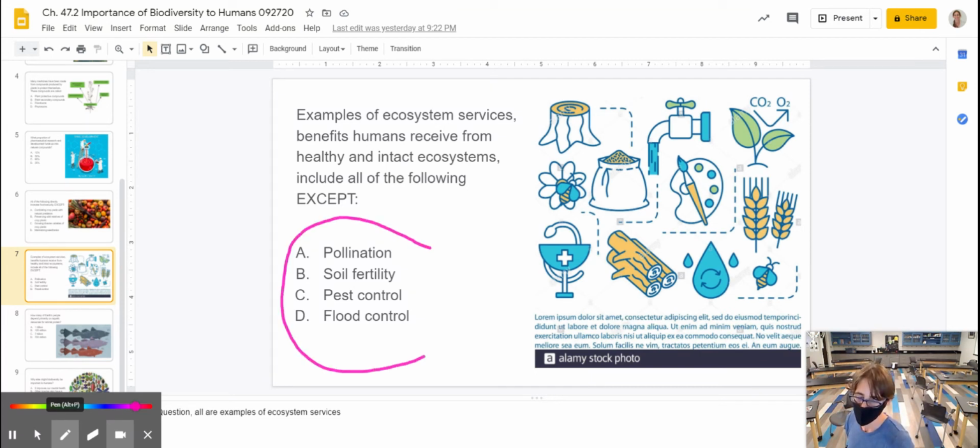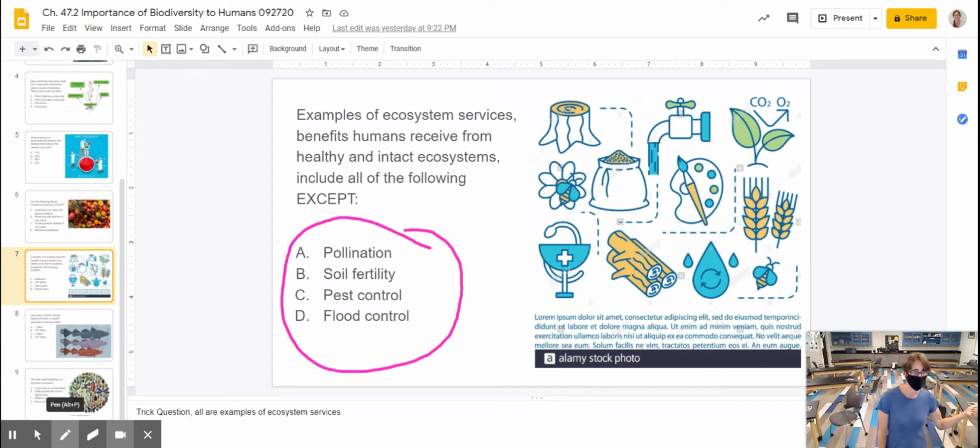Every single one of these: pollination, essential for agriculture; soil fertility, also essential for agriculture; pest control, essential for agriculture and just for having happy lives; and flood control, maybe not so important to agriculture, but that's a critically important thing that wetlands specifically can provide.